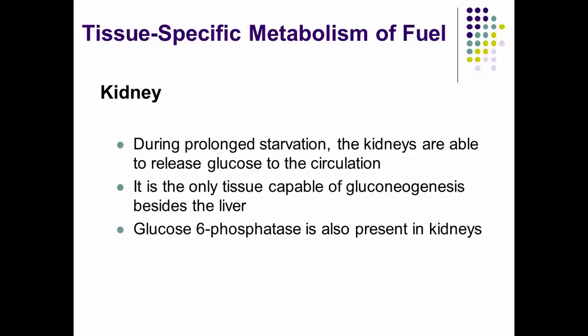And we also know kidney is an important organ for gluconeogenesis, right? And particularly during the prolonged starvation. Remember the 24 hours later after starvation, right, our kidney starts to make glucose.